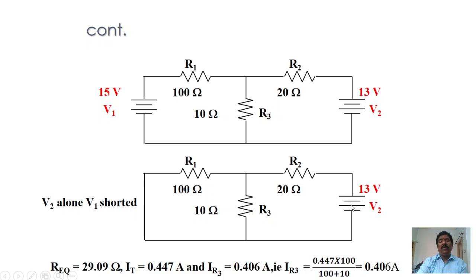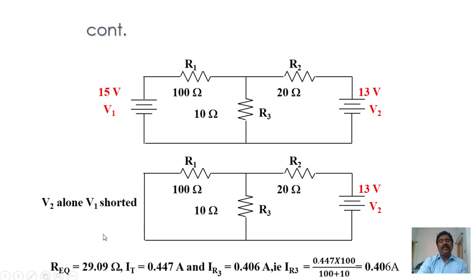IT is equal to V divided by R equivalent, as I calculated previously. So we get 0.047 amperes. Similarly, IR3 is equal to 0.406 ampere. How do we get that? Again I can apply the branch current method.